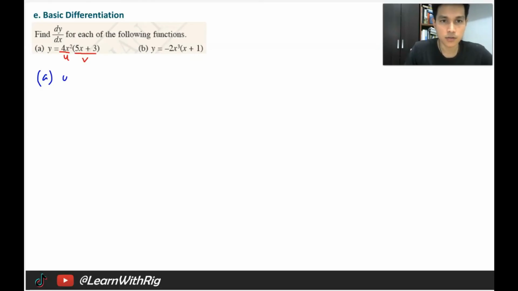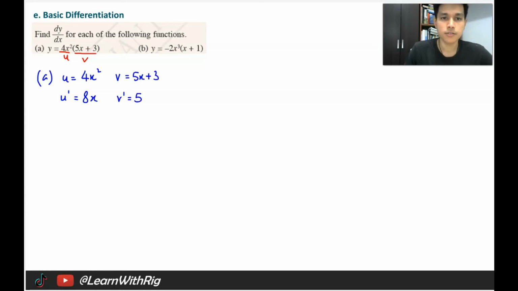So the u value is 4x squared. If you differentiate this, it becomes du/dx, or I can write u prime, same thing. So it becomes 8x. Then the v value is 5x plus 3. When you differentiate this, you get v prime, which is 5.